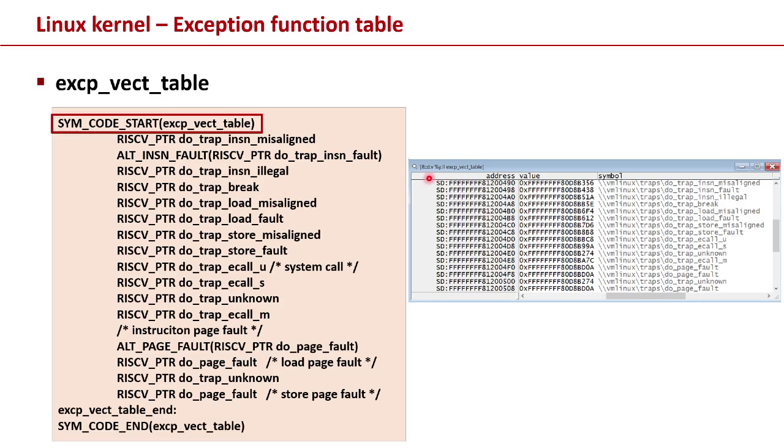As you can see, this command is used to print the memory content starting from this symbol, and this is an option to print the memory contents in symbol format. And here, this is the information observed in the binary dump.